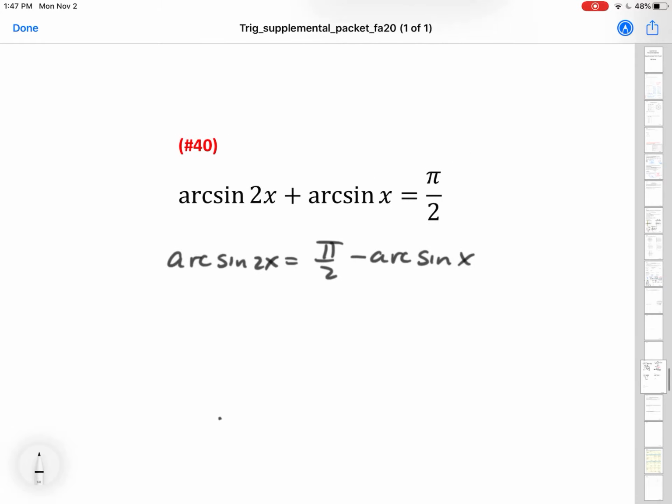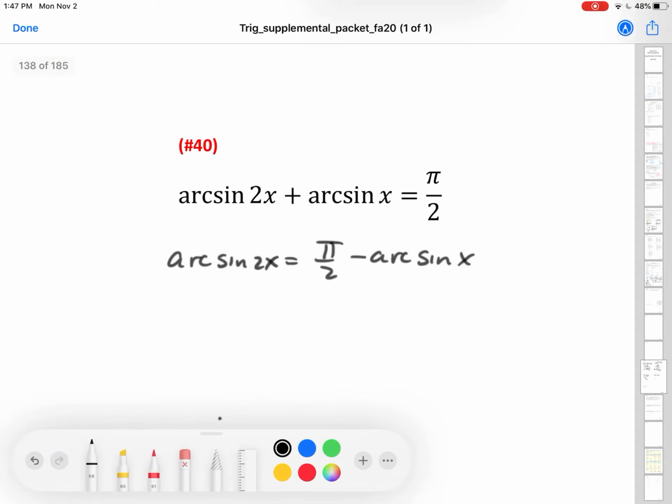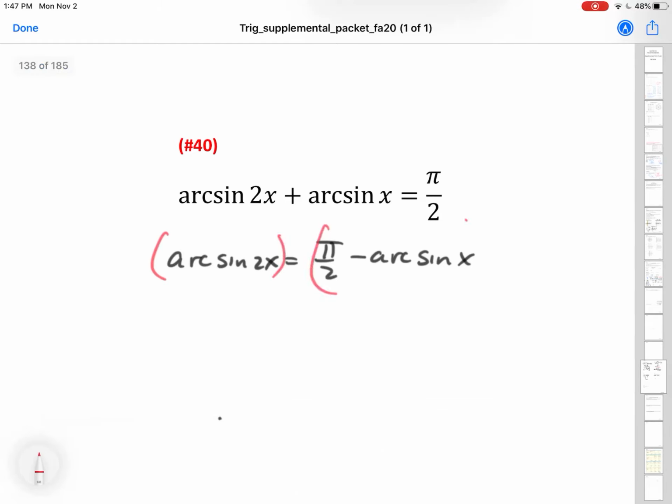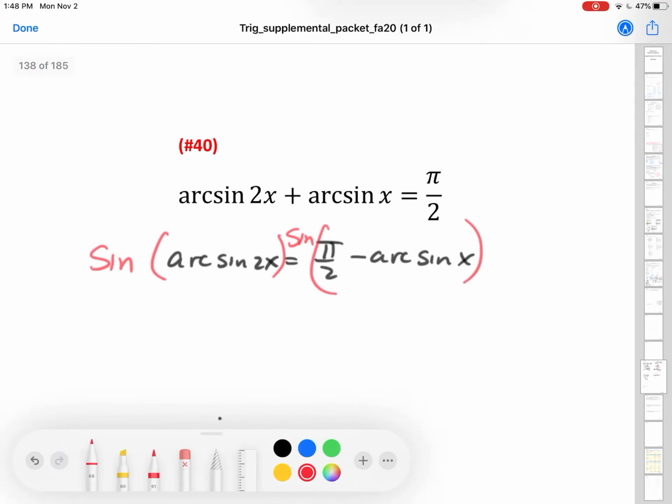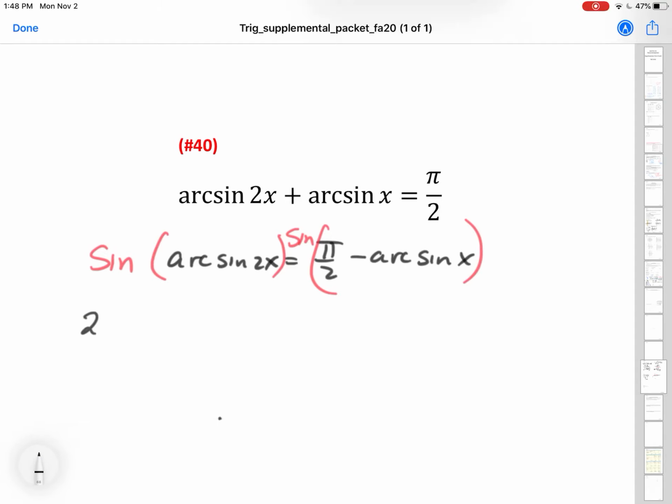What we're going to do is apply sine to both sides. Let me do it right this time. I'm going to apply sine to this side and sine to this entire side. On the left-hand side, I get a nice 2x out. Sine will undo an arc sine and give us exactly that angle. So that's equal to sine of that subtraction.